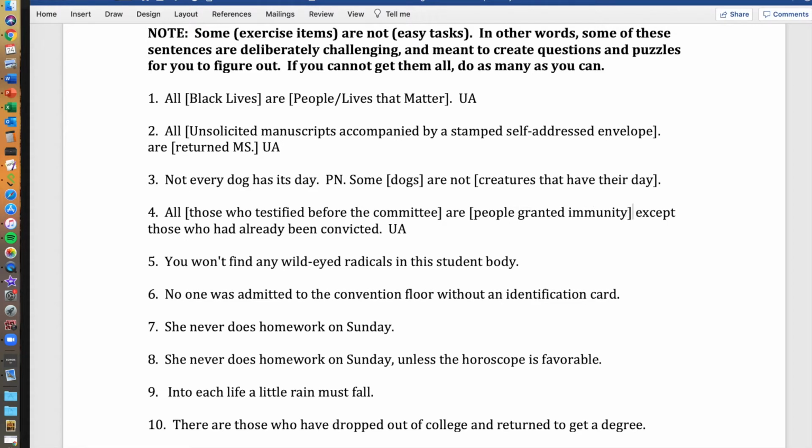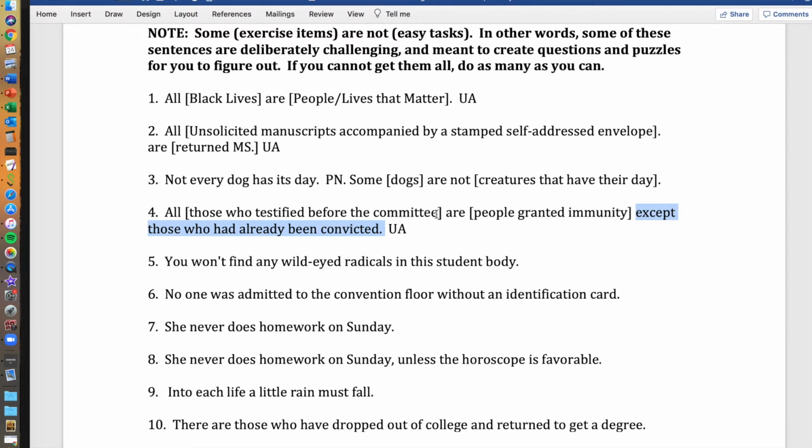And then what do we do with this extra information? Because actually it isn't all people who testified, it's all people who testified and had not been convicted, right? And that is what allows us, when we include all of that information, just as we did in item number 2, to be more precise in defining the subject term, then we can make a universal statement about that subject term class.